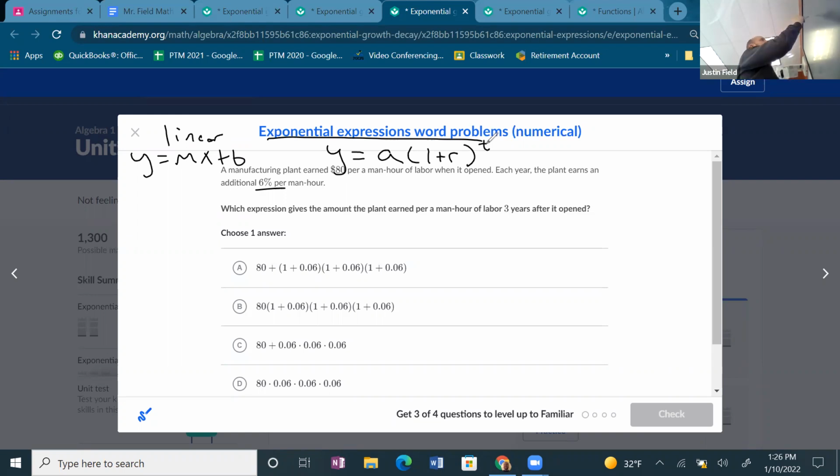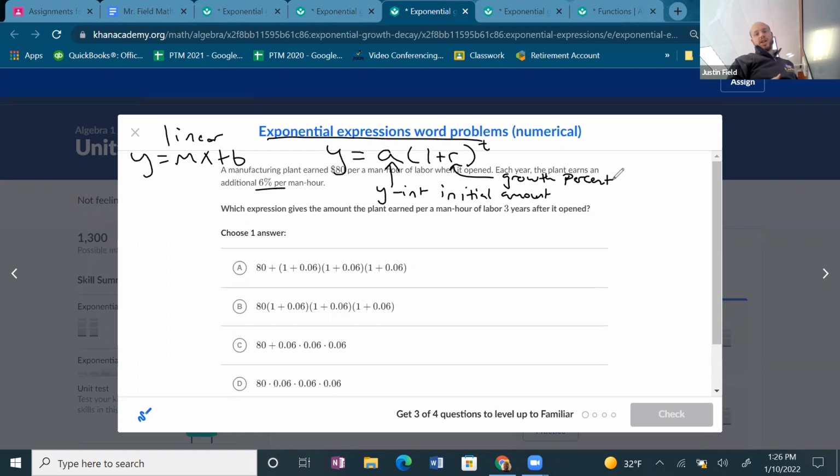Okay, and this is our y-intercept, our initial amount. Inside parentheses, the 1 is always there, and then the r right there is our growth percent, and you write it as a decimal.